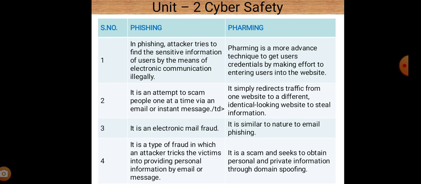And after getting the details of your personal accounts, then there is a fraud.